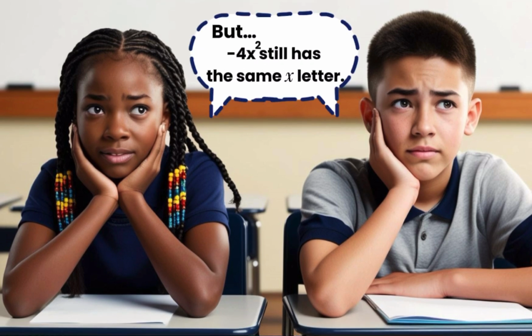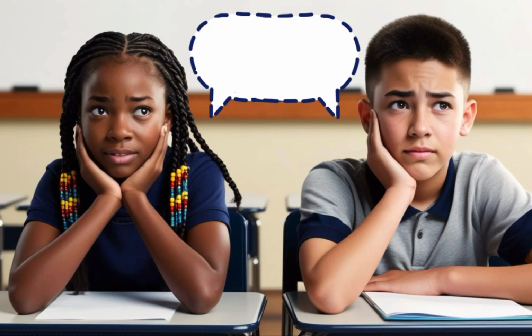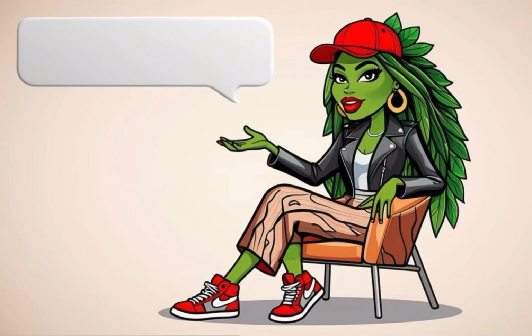Now you might be saying, but minus 4x squared still has the same x letter. Yes, that is true, but they have different exponents. Even if terms have the same letter, if the exponent is not the same, then you cannot see them as like terms.